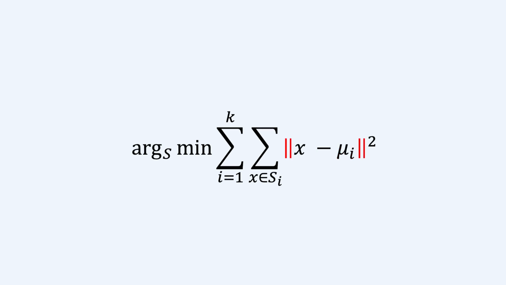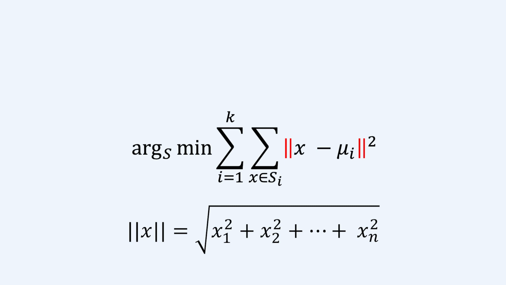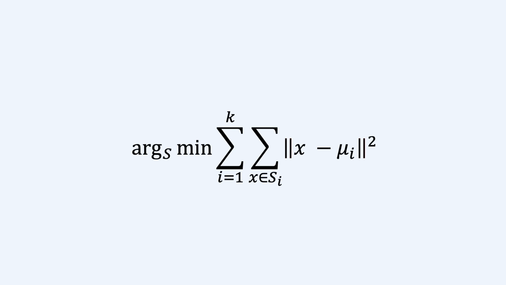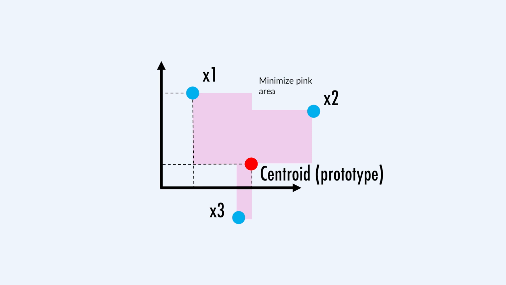The double vertical lines that you see here represent the Euclidean distance, but since the Euclidean distance is squared, we obtain the sum of squares only. So in the end, and in K-means, the optimization criteria is to minimize the total squared error between the training samples and their representative prototypes.